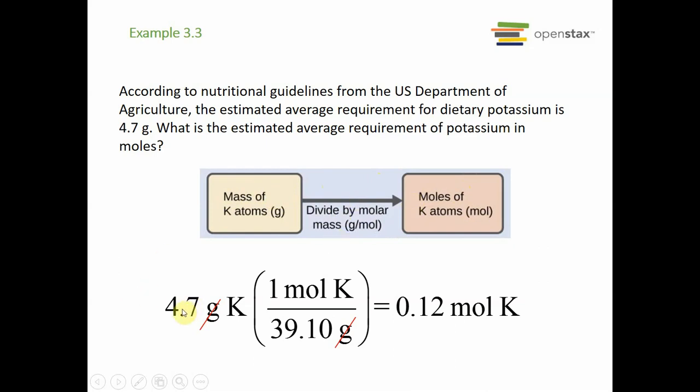So 4.7 grams divided by 39.1 grams per mole of potassium gives you 0.12 moles of potassium, K.